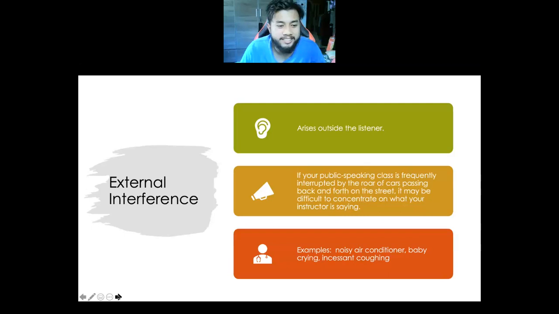The first one arises outside the listener. If your public speaking class is frequently interrupted by the roar of cars passing back and forth on the street, it may be difficult to concentrate on what your instructor is saying. Examples: a noisy air conditioner, babies crying, incessant coughing. So this came not just from the listener, but also from outside the building.